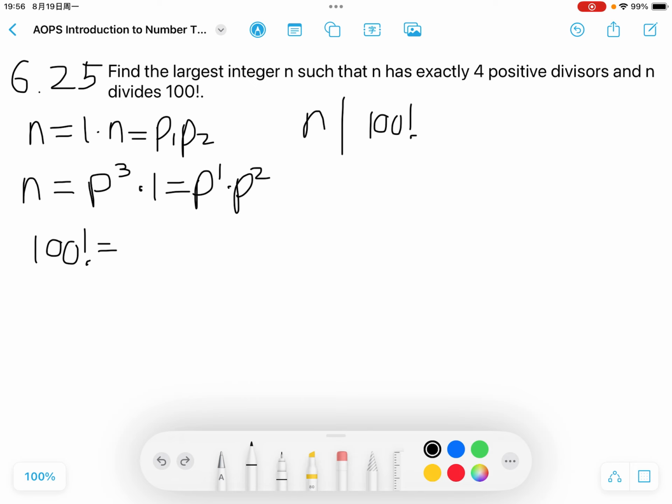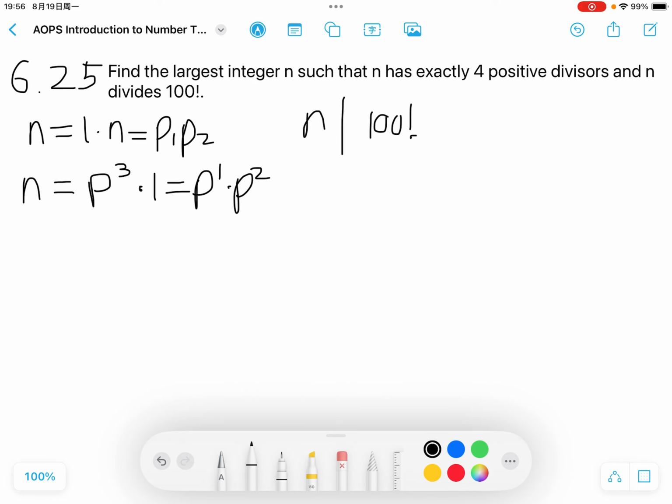Well, let's try to figure out the first case scenario, where there are 2 primes that make up n. So what could these 2 primes be? We want the largest integer, so we just take the best case scenario here. The largest 2 primes, because the larger p1 and p2 are, the larger the product is, and the larger n is.